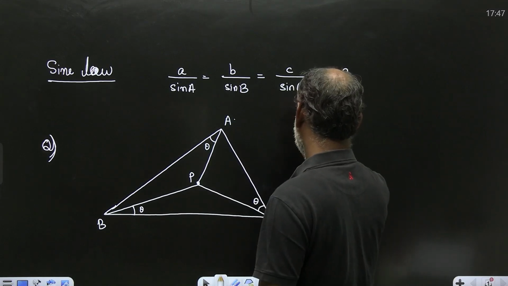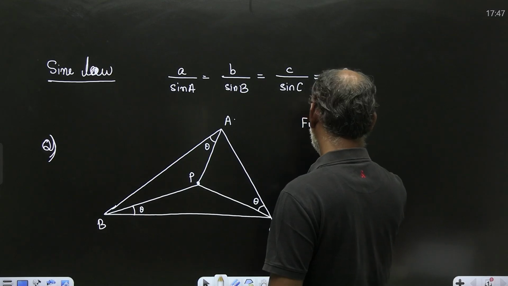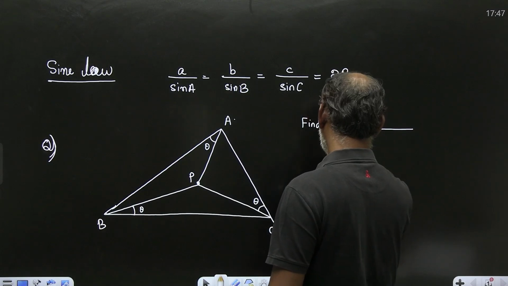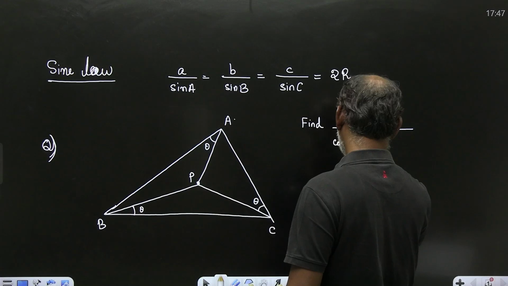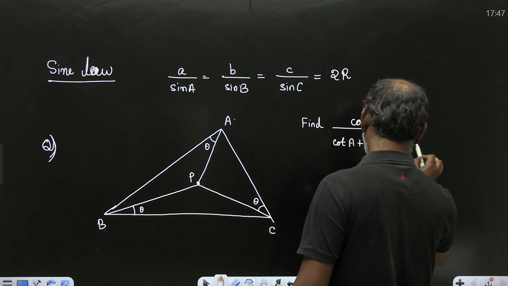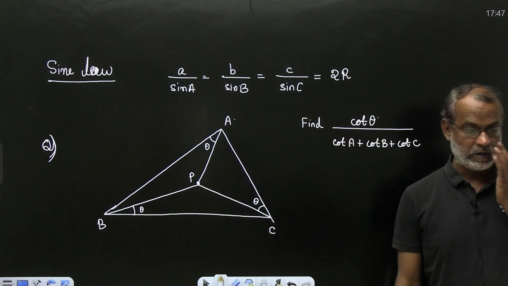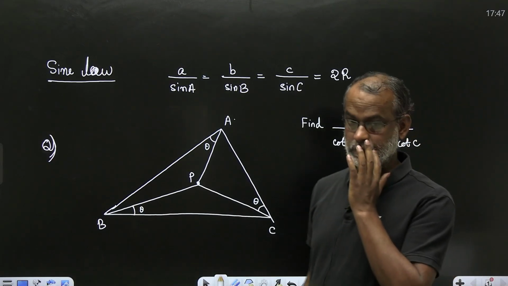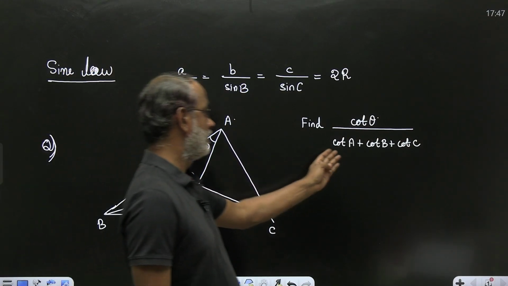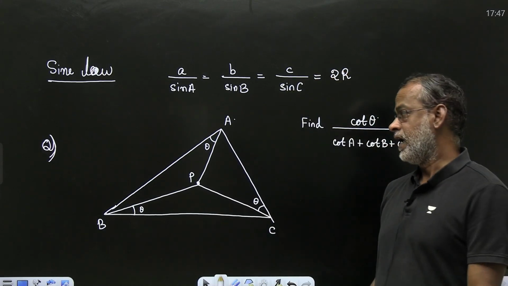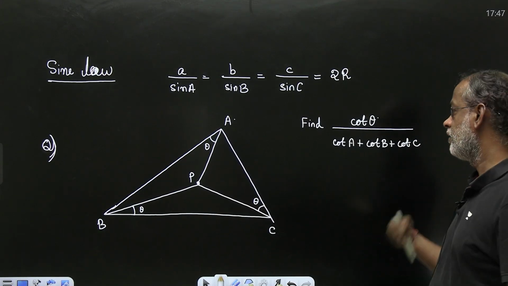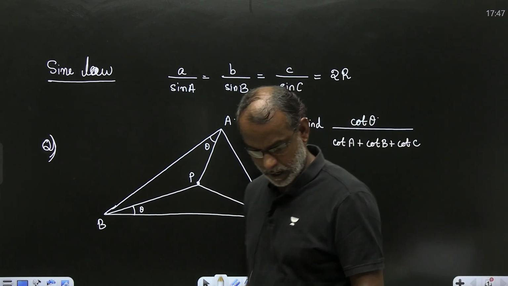Somebody is asking: find cot theta upon cot A plus cot B plus cot C. Or we can give you the angles of triangle ABC, and we are asked to find this angle theta. That is how it generally appears.